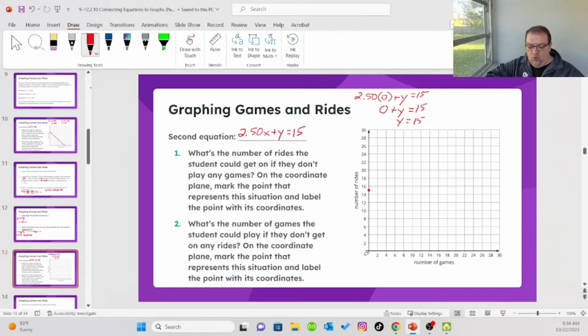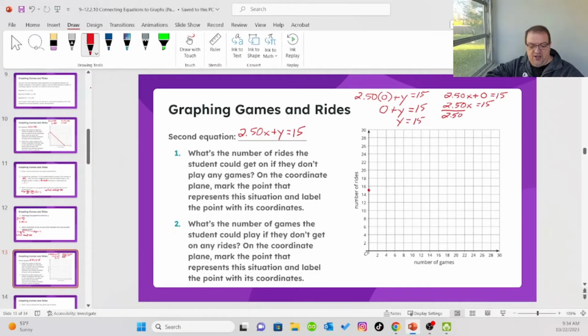Number two, what's the number of games the student could play if they don't get on any rides? Well, rides is y. So we're going to substitute 0 for y. Now we have 2.50x equals 15. 2.50x is multiplication. Opposite of that is division.